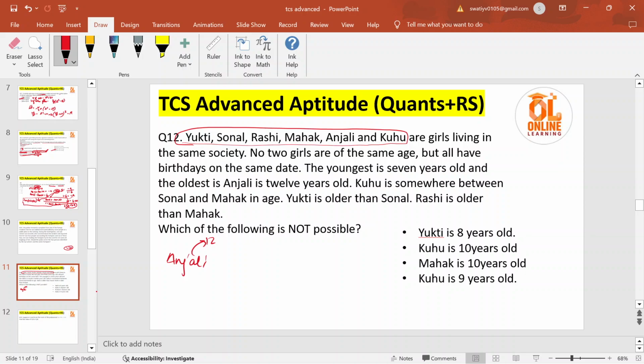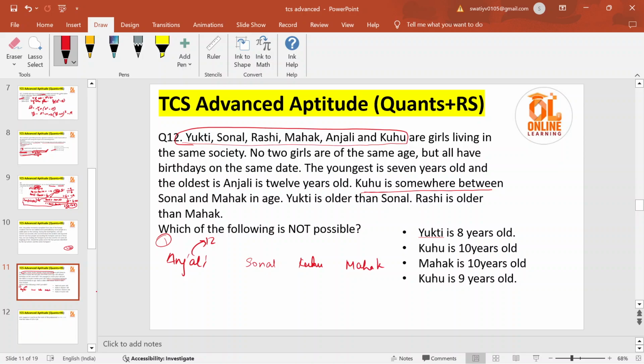Okay. Now what they are saying is that Kuhu is somewhere between Sonal and Mohak. If I say Sonal is older than Mohak, there can be two cases. One is Sonal is older than Mohak, and the other will be the case when Mehak is older than Sonal. So I'll take case one, then we'll take case two also. So Sonal must be here, Kuhu be here, and Mehak be here.